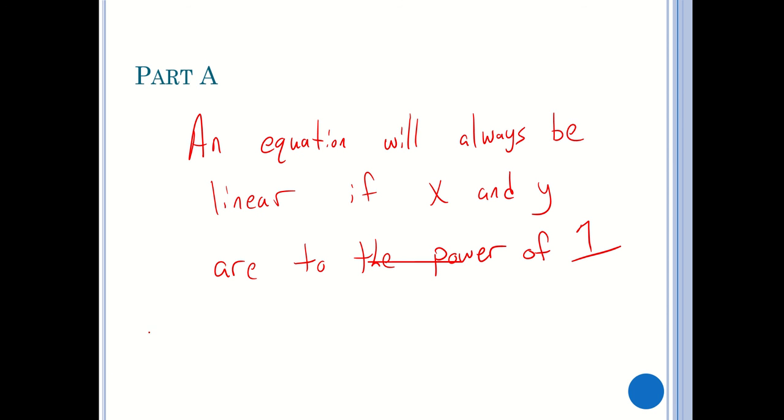So for example, y equals 4x plus 2. That's y to the power of 1, x to the power of 1. That is linear. It's going to be a line when you graph it.